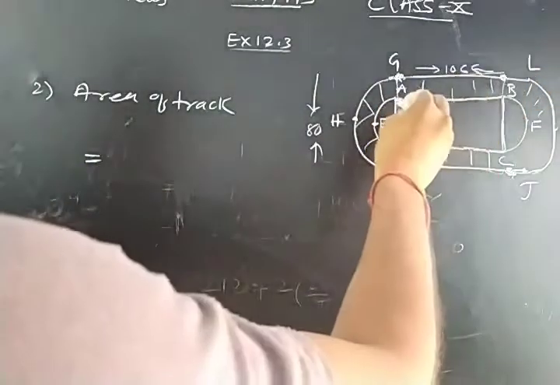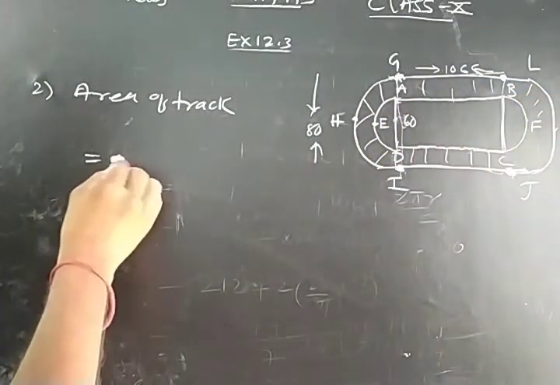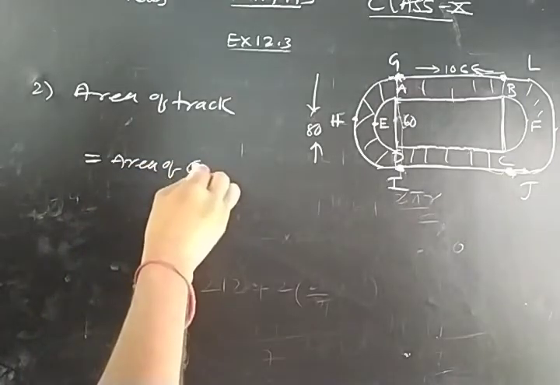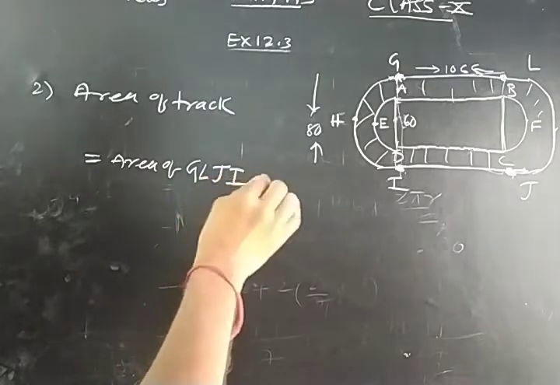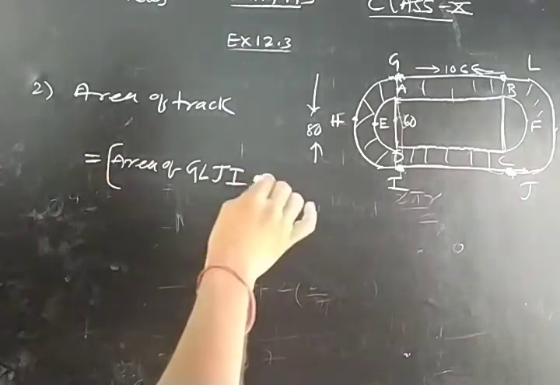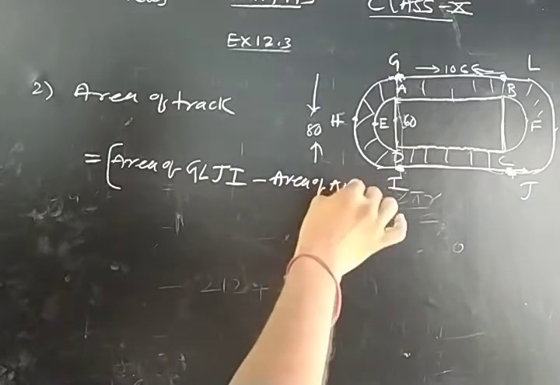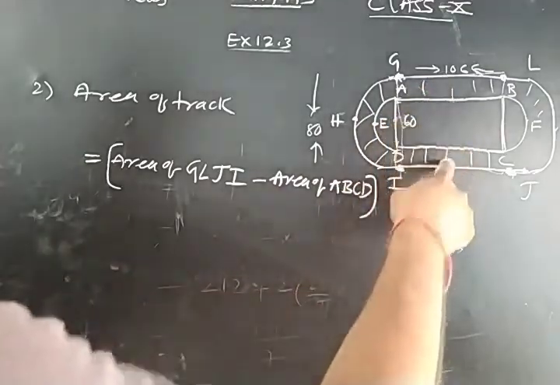From that rectangle, I will subtract rectangle ABCD. So you will get this part, right?